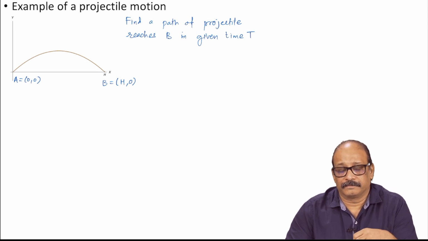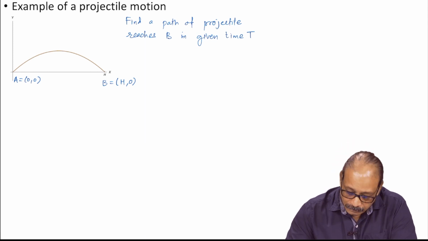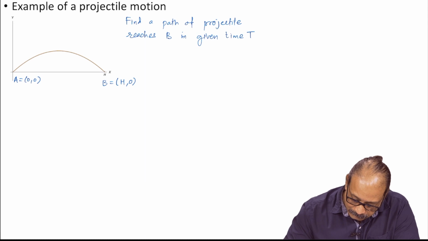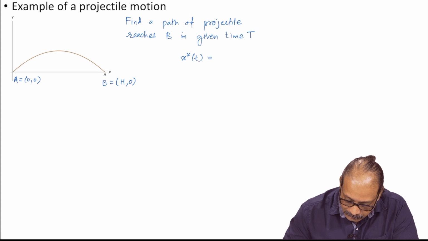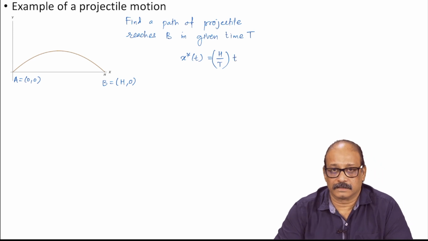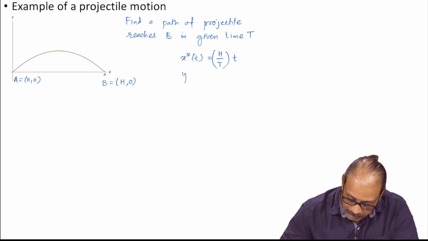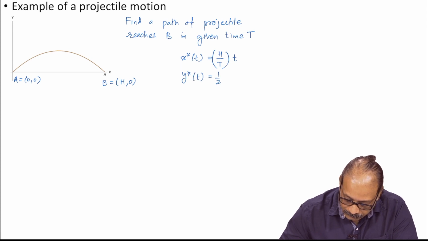Now, we of course already know the answer to this. We know the answer is a parabolic path, and I will call this path x star of t, which is h by capital T times t. And y star of t will be equal to half g t times capital T minus t.